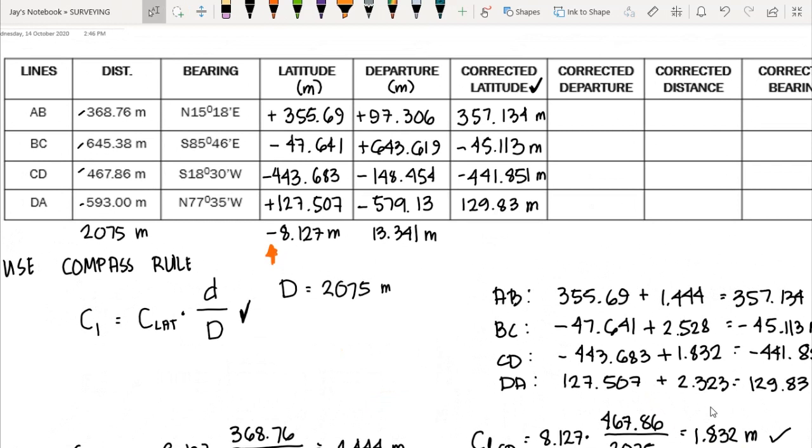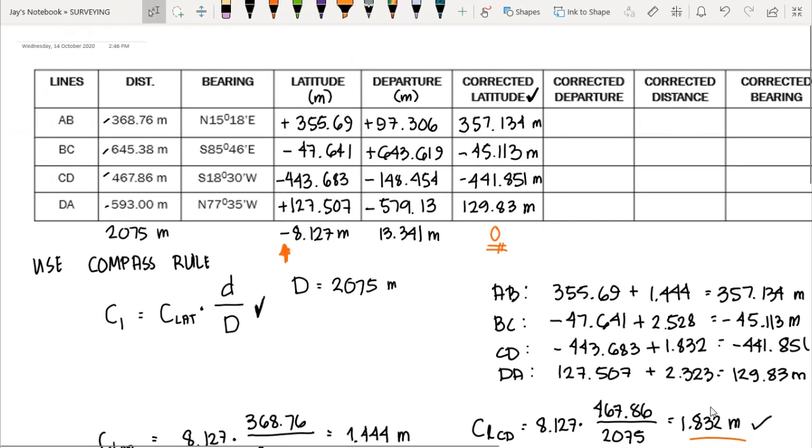We have 357.134 minus 45.113 minus 441.851 plus 129.83, and this equals 0. So the error of closure on the latitude of our traverse becomes 0 after we adjust the latitude distances.